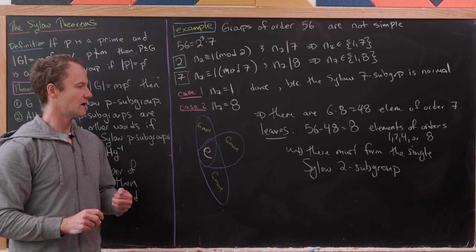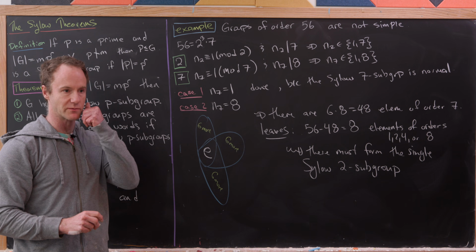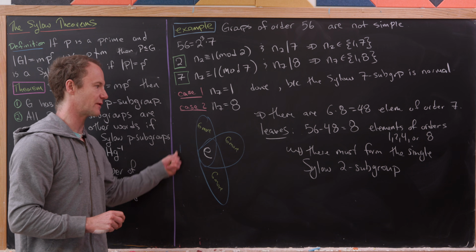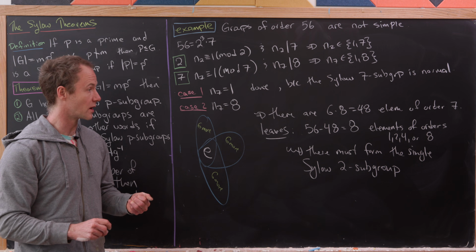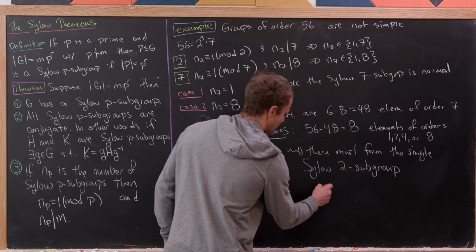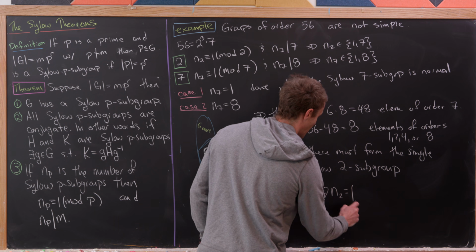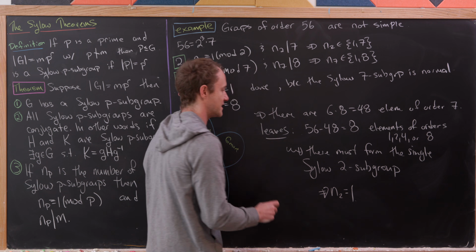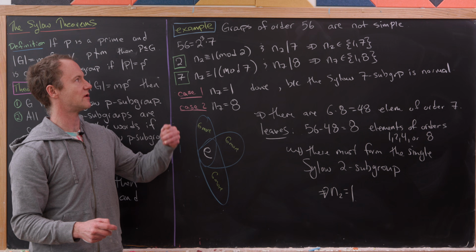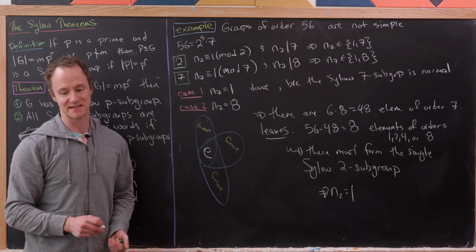Because if we had more than one Sylow 2 subgroup, we wouldn't get the maximum number of elements like we do here, but we would get more than 8 total elements. But what does that mean? That means that N2 is equal to 1, so the single Sylow 2 subgroup must be normal, but if it's normal, then our group is not simple.